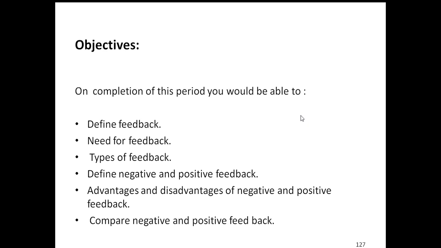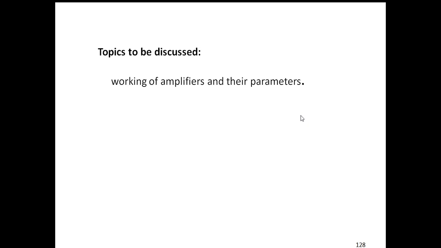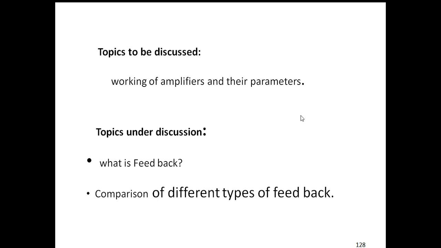These are the main topics to be discussed in feedback, and compare negative and positive feedback, and which one is used for different applications. Also, working of amplifiers and their parameters.